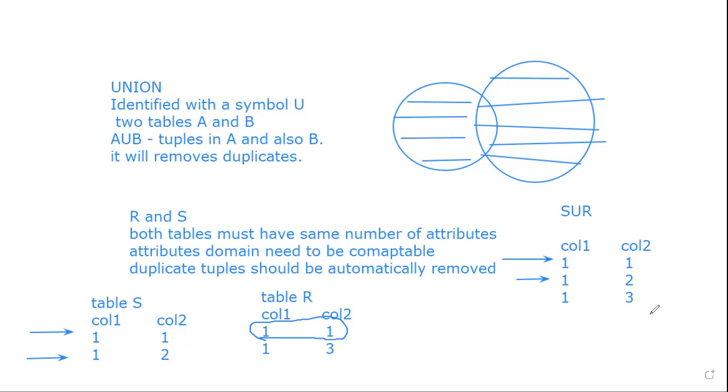If you take R and S as two tables, both tables should have the same number of attributes. Second, the domains of the attributes need to be compatible in both cases, and duplicate values should be automatically removed. This is all about the concept of union.